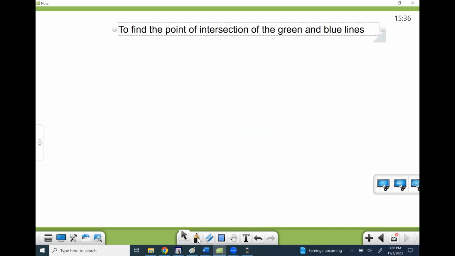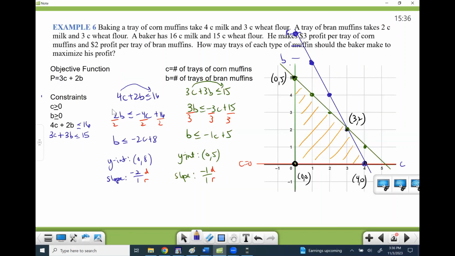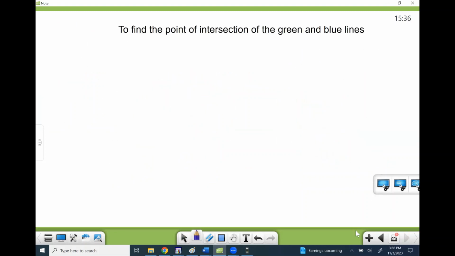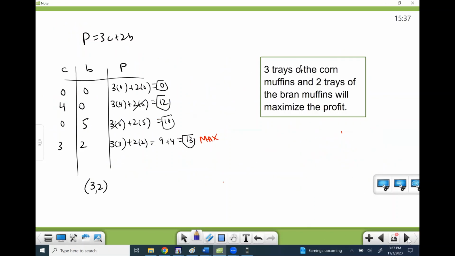All right, so let's write down those 2 equations. So 4c plus 2b equals 16. And then the green one was 3c plus 3b equals 15.